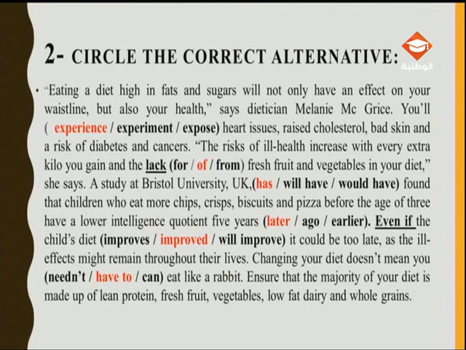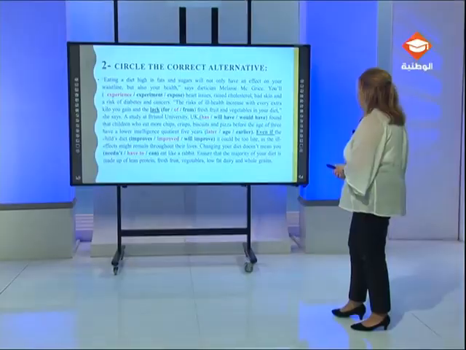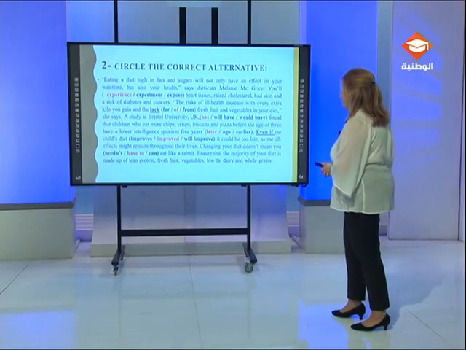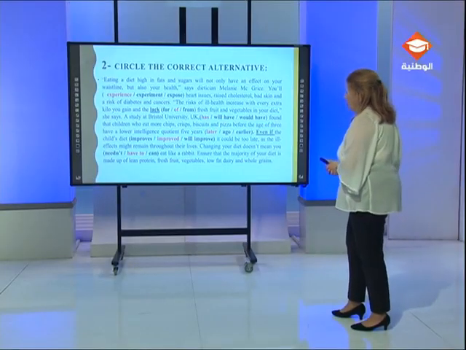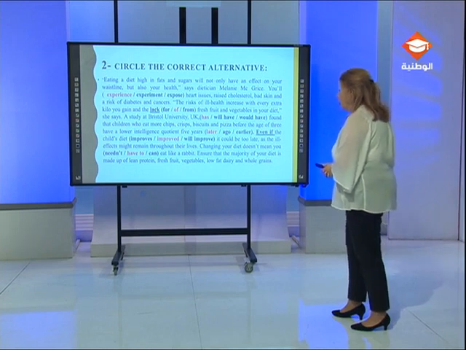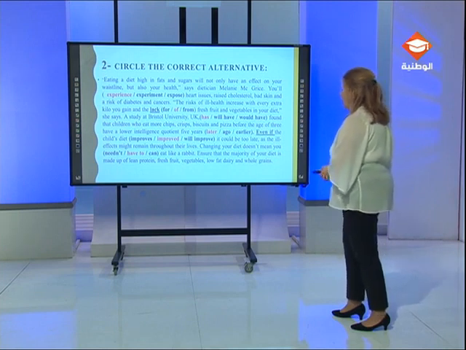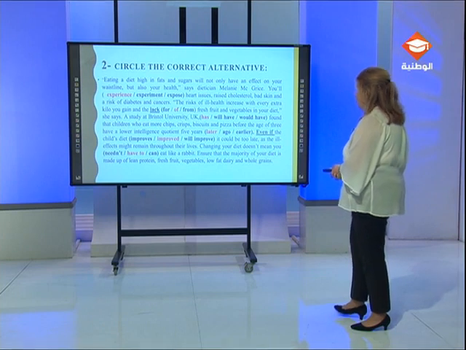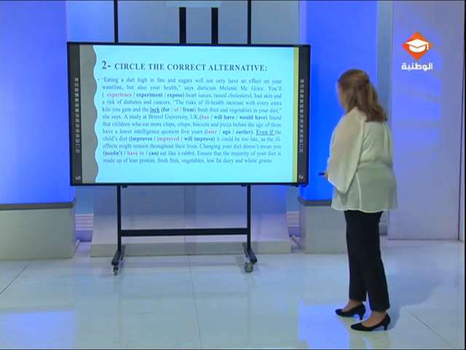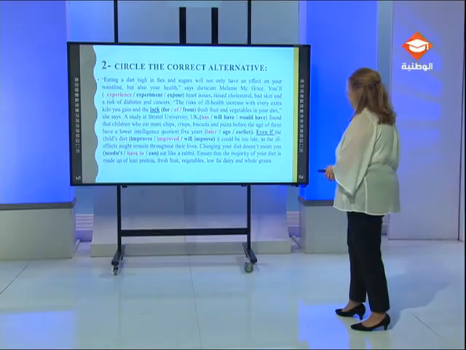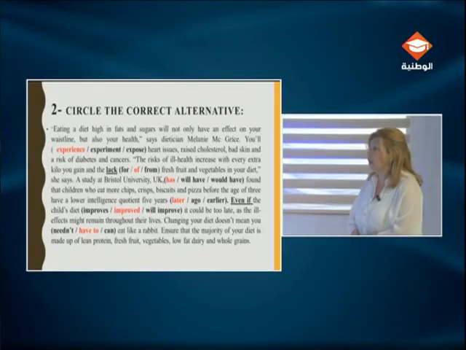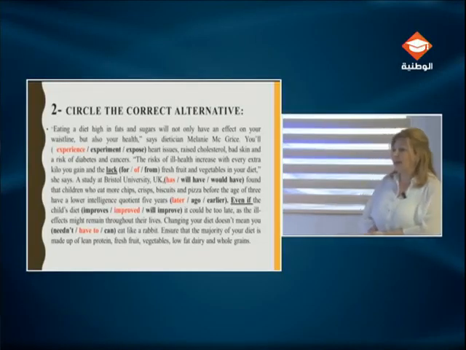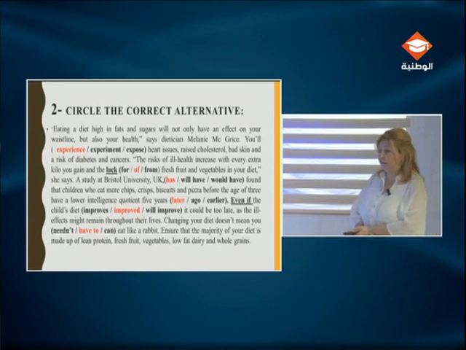If you do something, you will, for example, if you work hard, you will get better marks. Here we are in an unreal situation. Even if the child's diet improved, it could be too late, because the ill effects might remain throughout their lives.